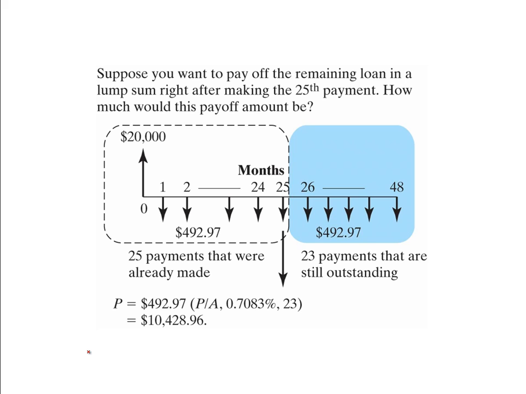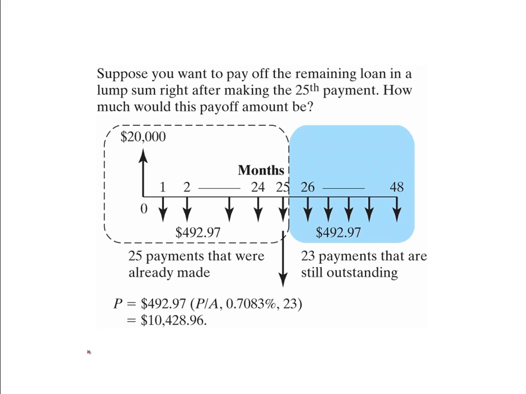Now, suppose that you want to pay off the remaining loan in a lump sum right after making the 25th payment. How much would this payoff amount be? So your annuity, your monthly payment, is $492.97.